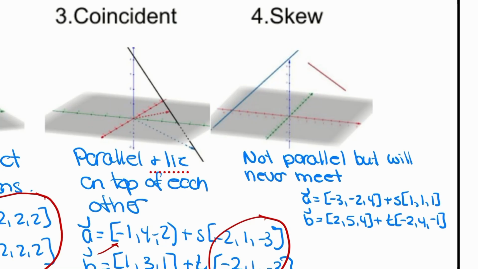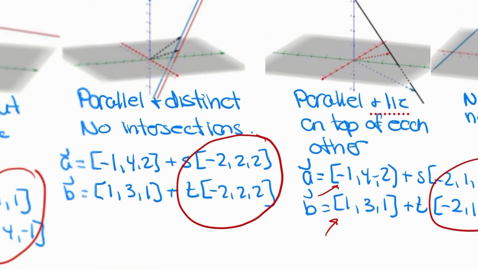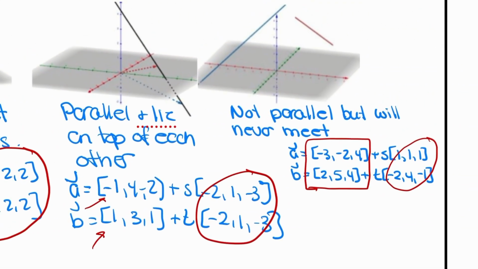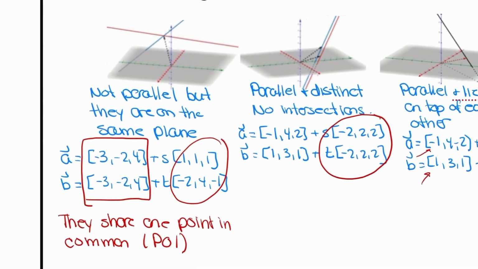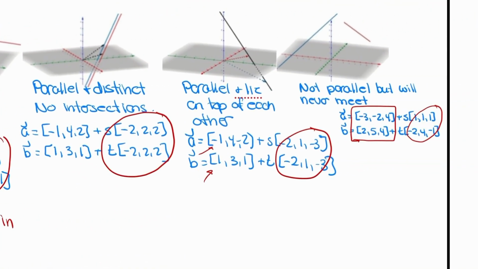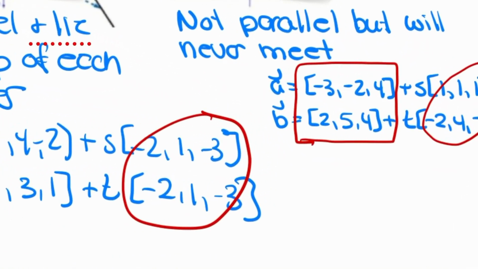We can see that these are not scalar multiples of each other, so these are not going to be parallel. Our job would be to determine if they have any point in common or not. If they don't have any points in common, then they are going to be skew. If they do have a point in common, then they have a point of intersection.